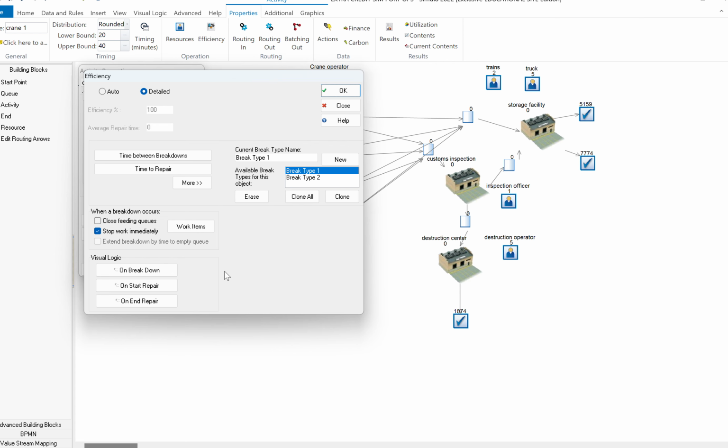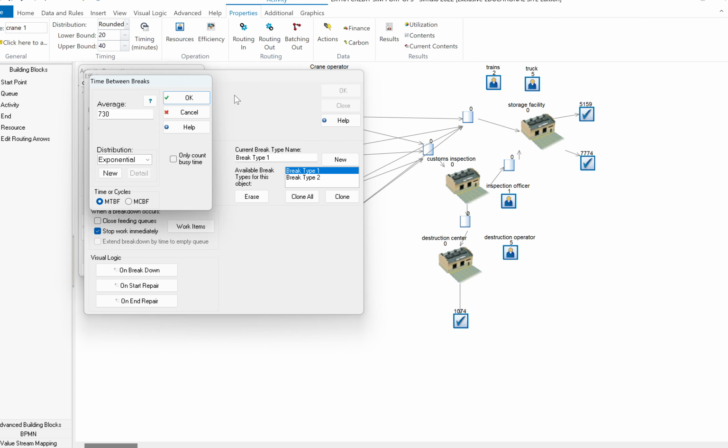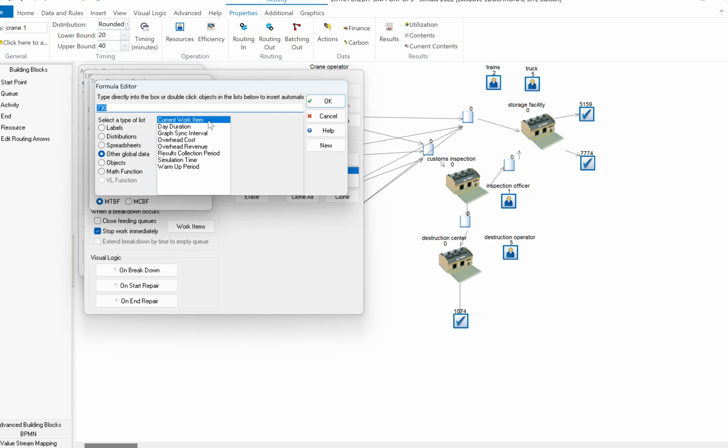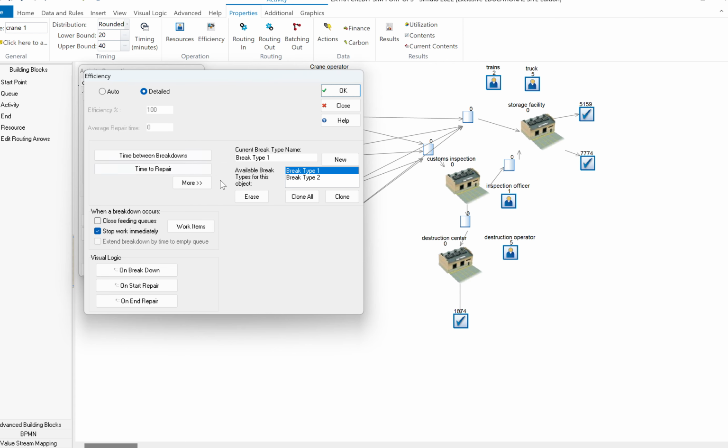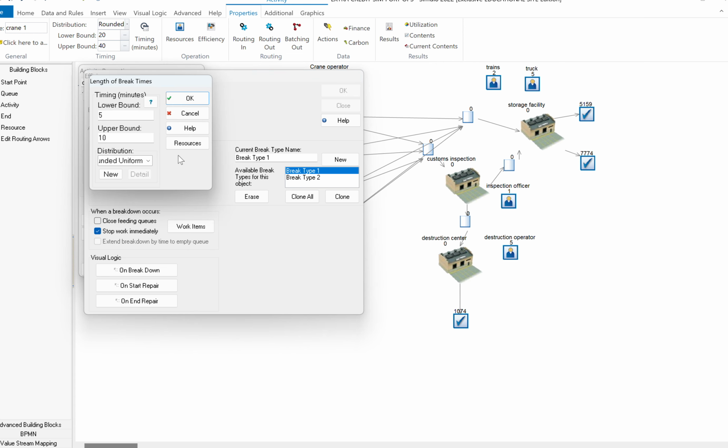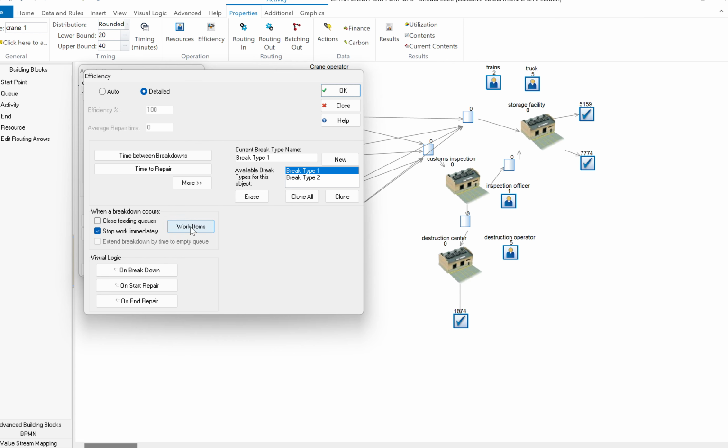Then time between breakdowns, we have it as 730 work days. So every 730 work days it breaks down. For the time to repair, we have 5 to 10 work days. Once it breaks down, it completely stops work immediately until it's fully repaired.